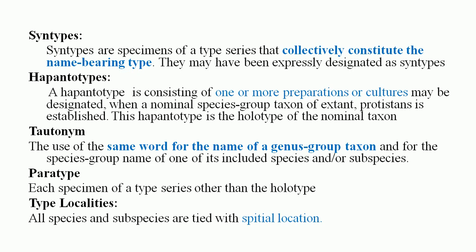Then tautonyms. A tautonym is the same wording for a genus and a species, where the same group includes the species or subspecies.